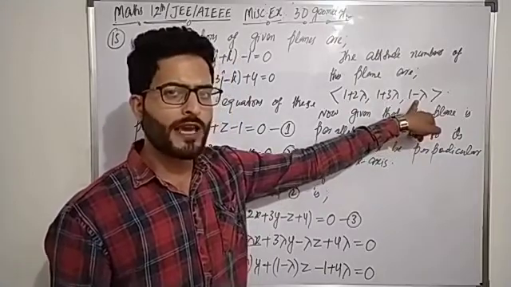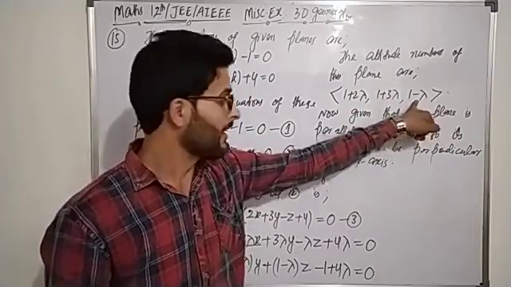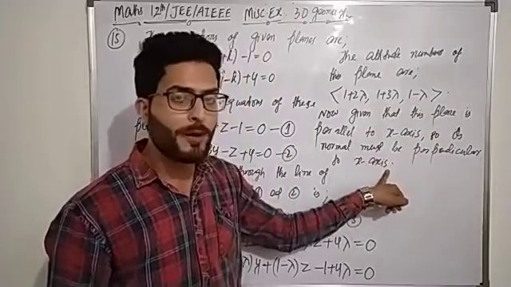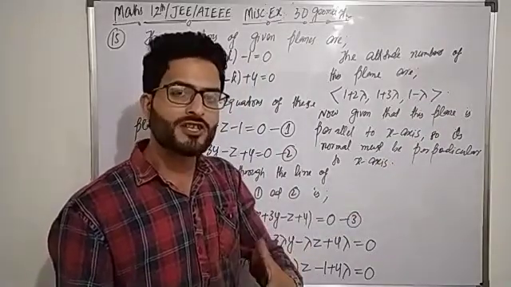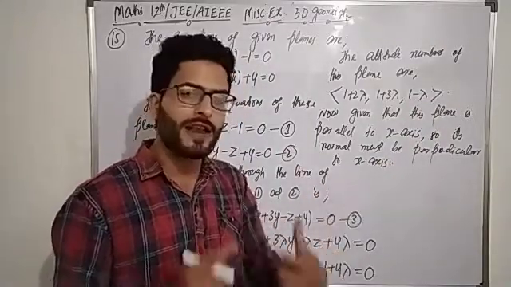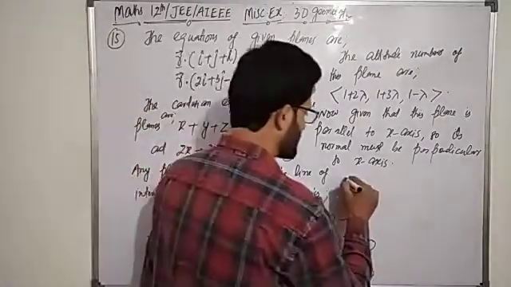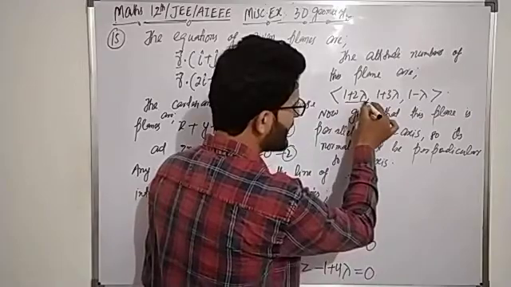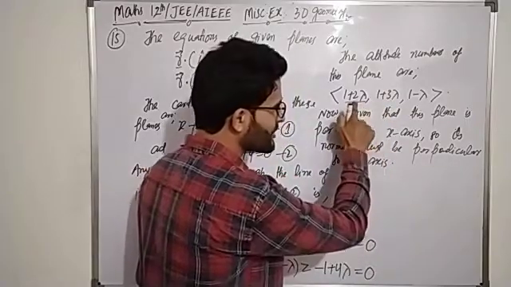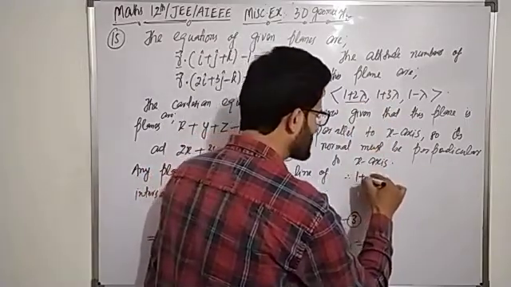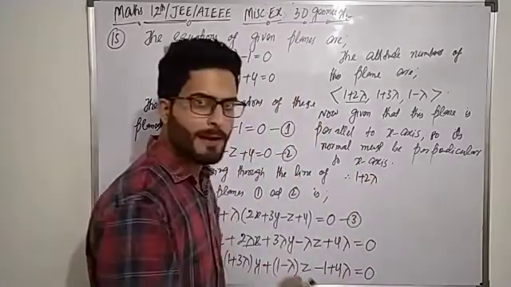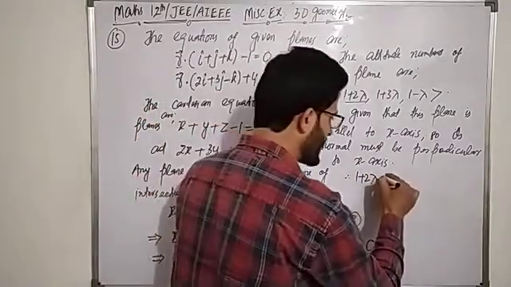लेकिन एटीट्यूड नंबर क्या होंगे? डायरेक्शन रेशियोज ऑफ द नॉर्मल. और नॉर्मल एक्स एक्सिस पे परपेंडिकुलर है तो एक्स एक्सिस के डायरेक्शन रेशियोज और इस नॉर्मल के डायरेक्शन रेशियोज का सम ऑफ प्रोडक्ट 0 के बराबर होगा. सो देयरफॉर इसके नॉर्मल का पहला डायरेक्शन रेशियो क्या होगा? 1 plus 2 lambda. एक्स एक्सिस का पहला डायरेक्शन रेशियो 1.